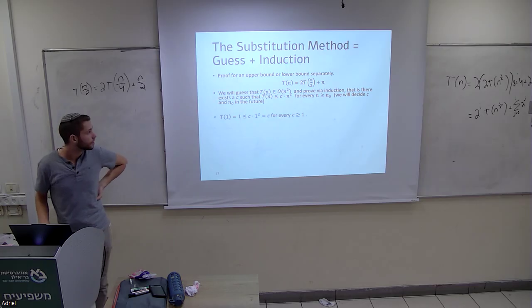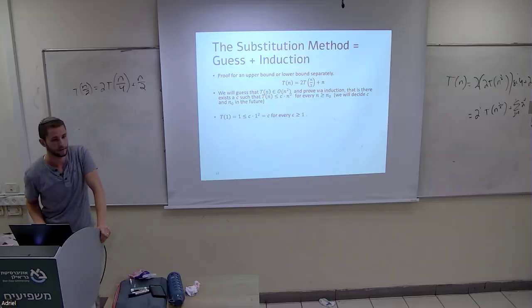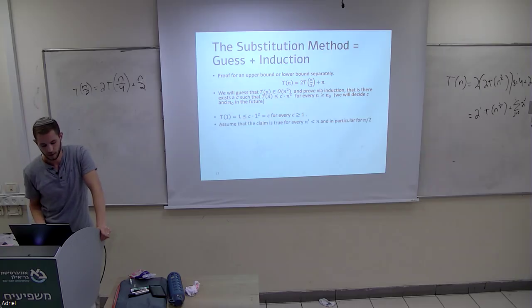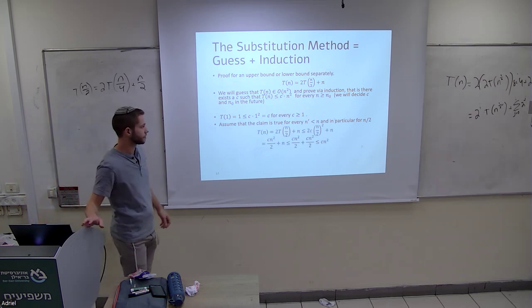Right? So we're going to prove with induction. T of 1 is very simple. 1 is smaller than C times 1 for every C that's greater or equal to 1. Now we're going to assume that the claim is true for every value smaller than n, in particular for n divided by 2. And then we're going to prove it for n.